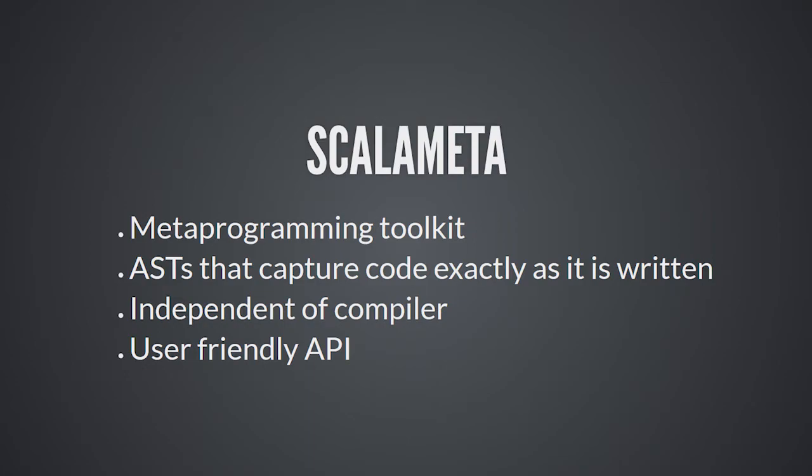And another very nice thing is that the ScalaMeta API is independent of the Scala compiler API. So it's not that tightly coupled, and everyone who has worked with the Scala compiler API knows that it's not always very user-friendly. So that's really a big plus, in my opinion. And also ScalaMeta has a very nice API itself.